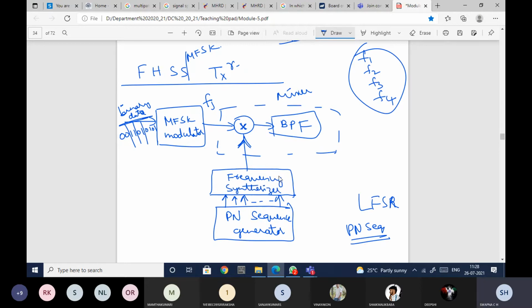Whatever incoming PN sequence it gets, let me consider I'm getting the PN sequence 0 0 0 1 1 0 1 0 0 1 1. This is my PN sequence, and it is a periodic sequence.